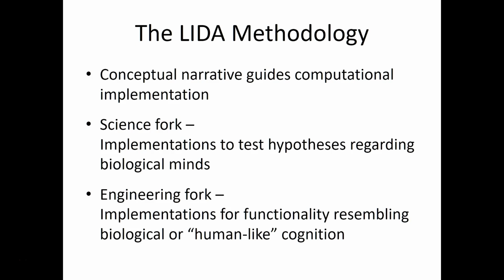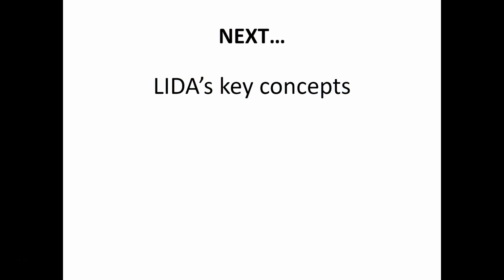Even so, there are some concepts at what might be described as the genetic core of the LIDA model. In our next video, we'll discuss two of the most important concepts in the LIDA model. The first, the cognitive cycle, was mentioned briefly in the second video, where we promised to say more about cognitive cycles soon. If this made you curious, stay tuned.